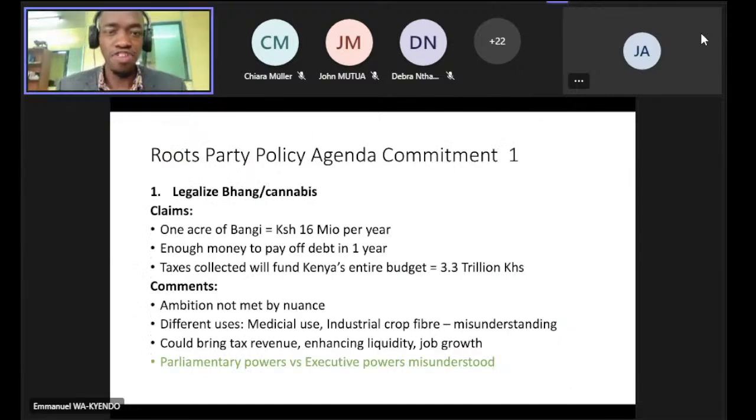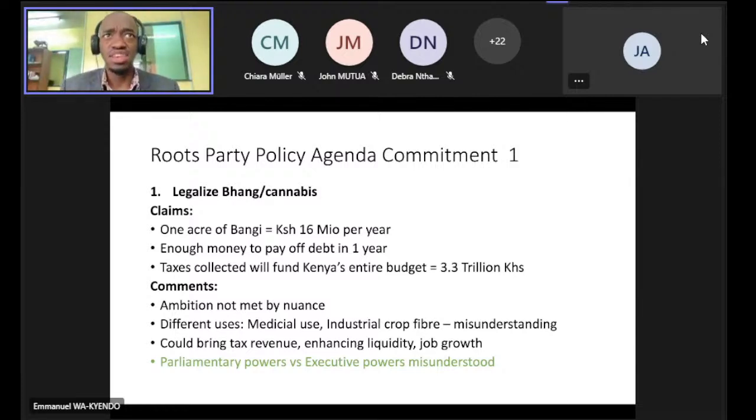So the first commitment, or the first commandment, as he would call it, is to legalize cannabis. He makes a claim about his reasoning as to why he thinks it's a good idea to legalize marijuana, and what he intends to do once he has legalized it.